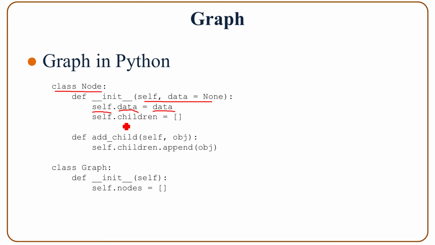And another variable, namely children, is initialized with an empty array or list. And the other method is for adding children, just like what we have already discussed in trees.